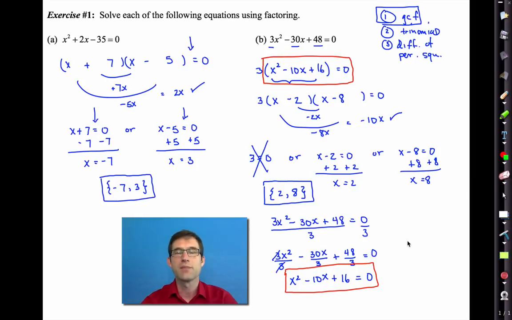Whenever you divide both sides of an equation by an expression containing a variable, there's a very good chance that you are going to lose a 0. So in other words, one of the solutions you should have gotten, you won't get anymore. But as long as it's just a normal number like 3 or 5 or -2, you can divide both sides by that number, if it's the GCF. All right, I'm not going to go on and solve that second equation because we already did it.